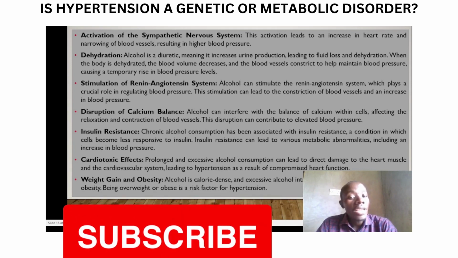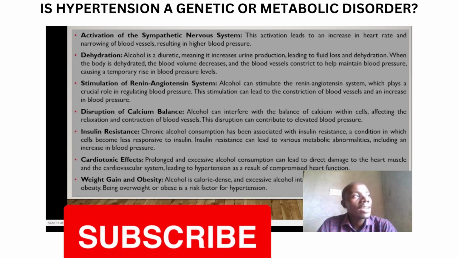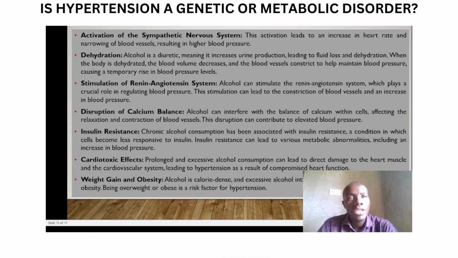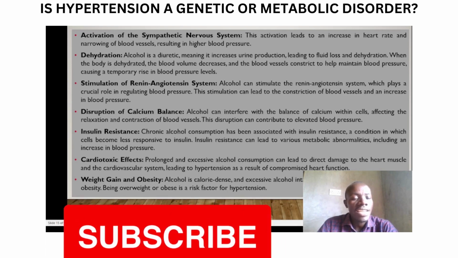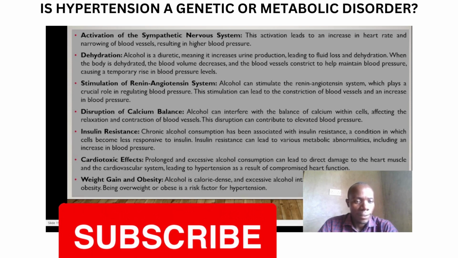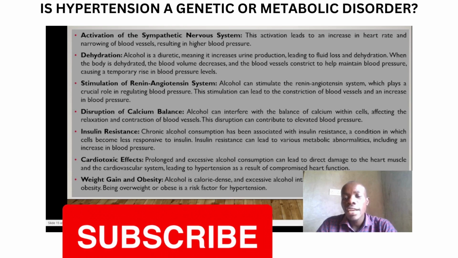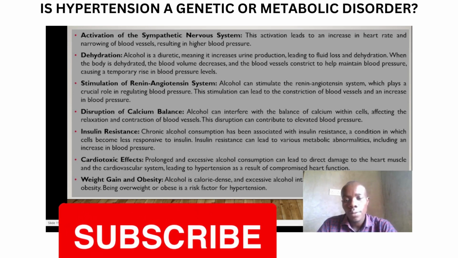Insulin resistance can lead to various metabolic disorders that will lead to a rise in blood pressure, like dysfunction of the endothelium of the blood vessel. This results in increased blood pressure. Prolonged and excessive alcohol consumption can lead to direct damage to the heart muscles and cardiovascular system, leading to hypertension due to a compromised heart function.